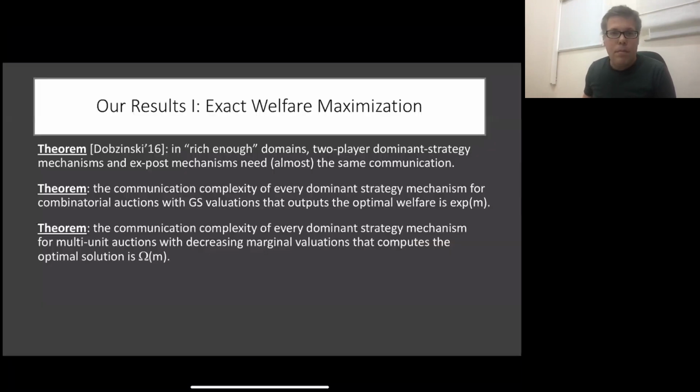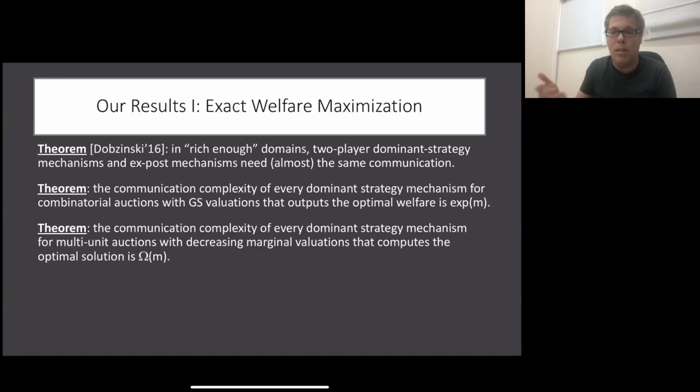Okay. So now we can finally tell you what our result is. I'll start with a result that is not really in this paper, but is actually quite related. I'll show you that in rich enough domains, and I'll explain what rich enough domains are later, two-player dominant strategy mechanisms and ex-post mechanisms need almost the same communication.